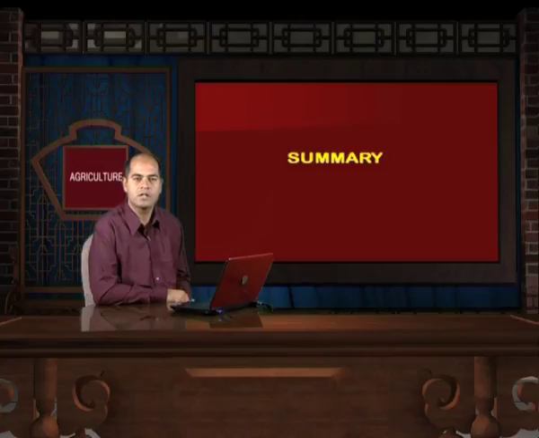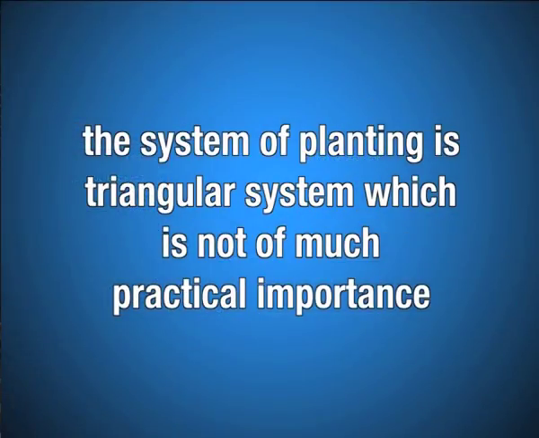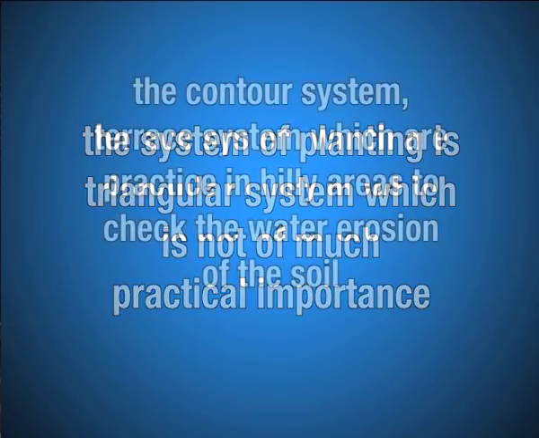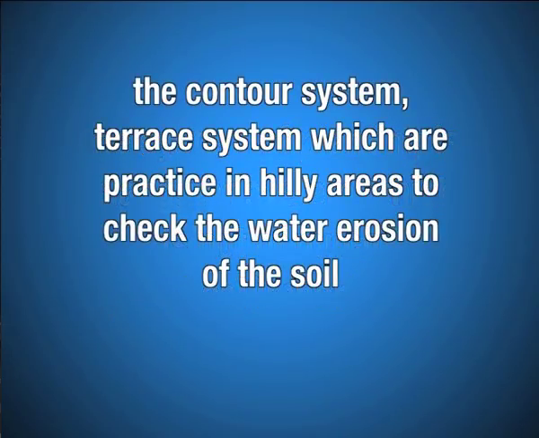The hexagonal system is very difficult in layout and requires very special training, and when the seventh plant is placed in a hexagonal system, it is called septule. Another system of planting we learned about is the triangular system, which is not of much practical importance, and the contour system and terrace system, which are practiced in hilly areas to check water erosion of the soil.